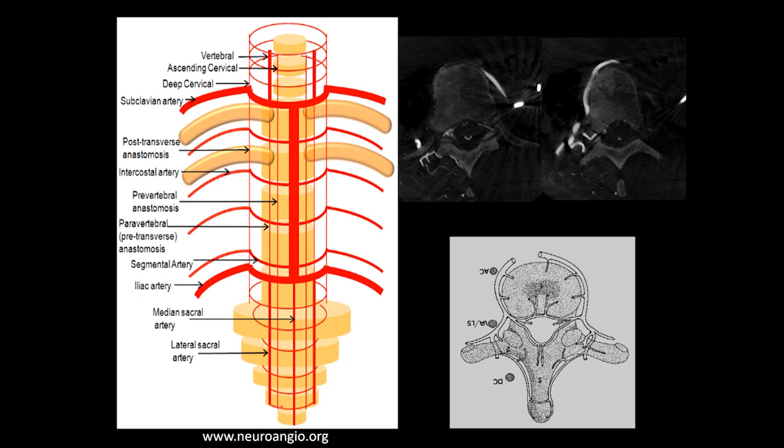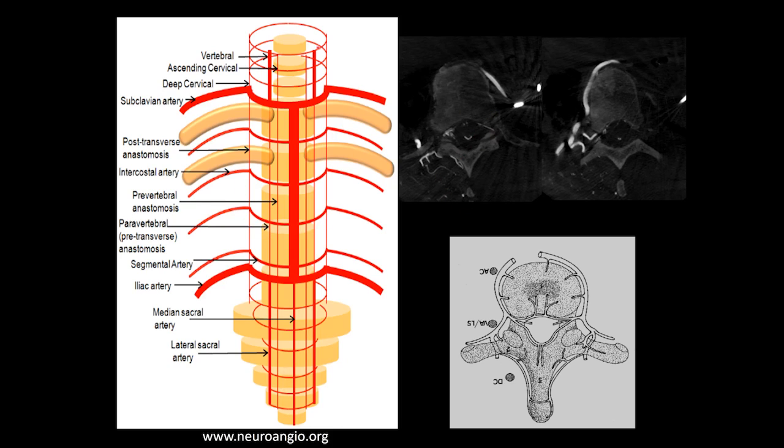You see this great graph drawn by my colleague and friend Max Shapiro for his website www.neuroangio.org. You see how the anterior spinal axis is this one, but the segmental branches are connected through these anastomoses that run along the side and along the posterior aspect of the vertebra.